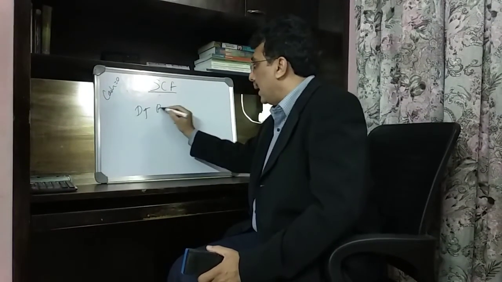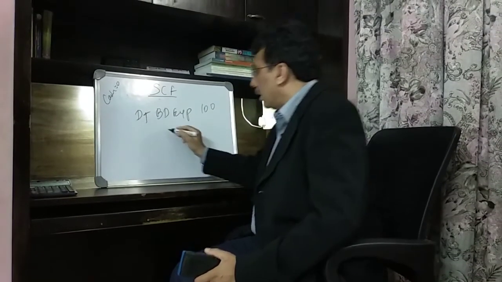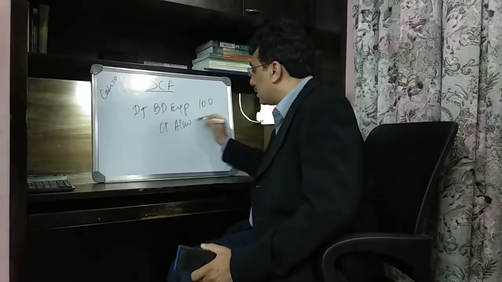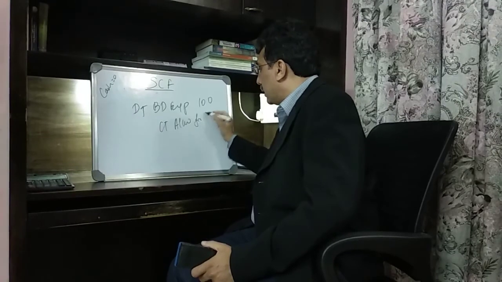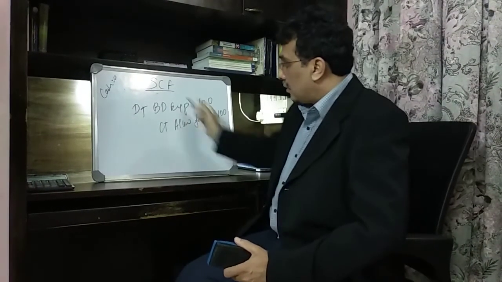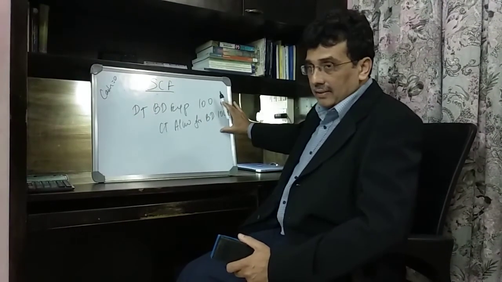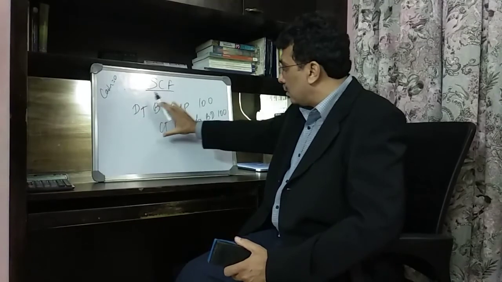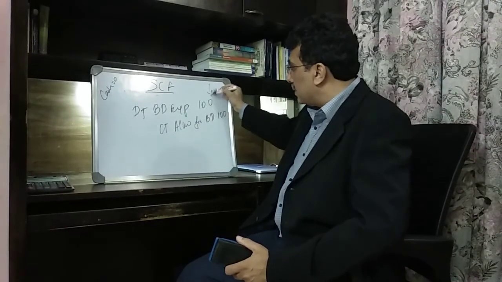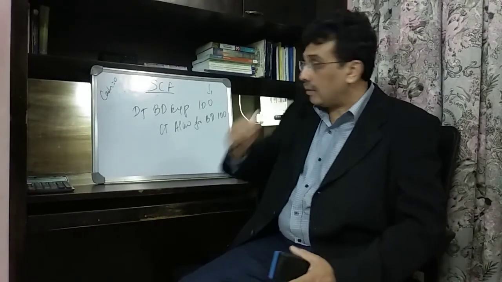Debit bad debt expenses, let us say 100 again, and credit allowance for bad and doubtful debts 100. Okay, so now this entry also does not have a credit to cash, right? So there is no cash involved, but expenses are increasing and income is going down, right?